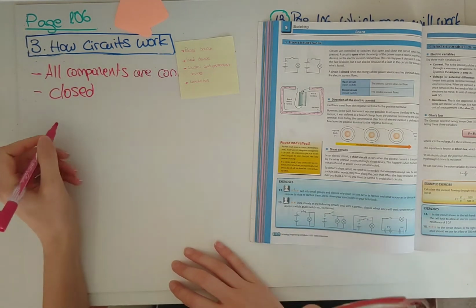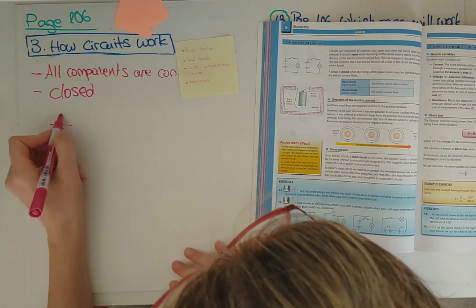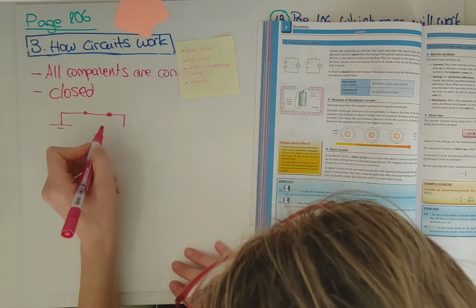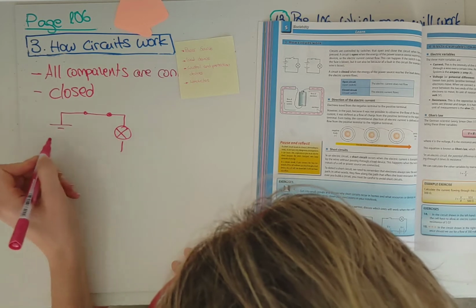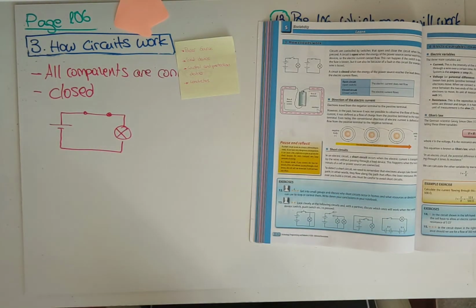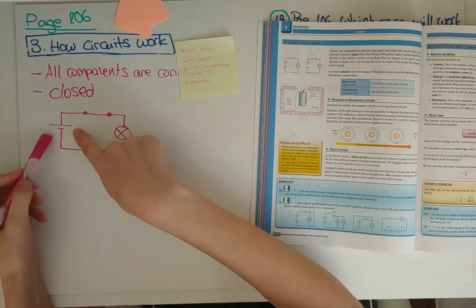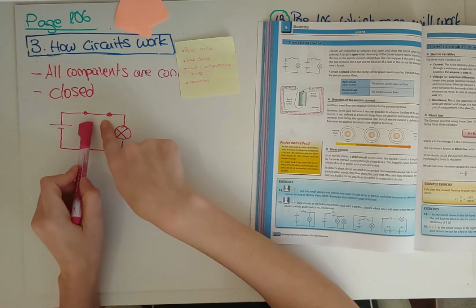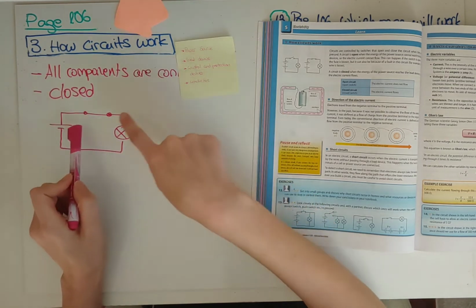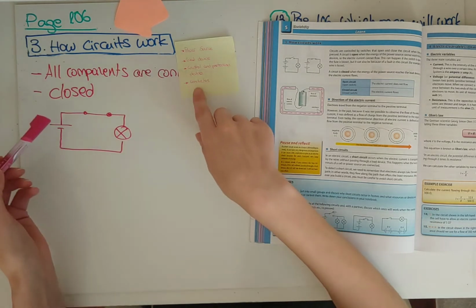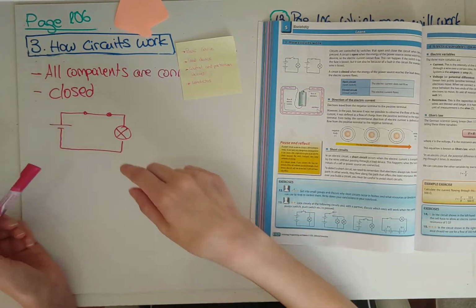I'm going to draw the diagram of a simple electric circuit to understand it. We have the power source, the switch, the control device, the load device, and the conductor is the wire. Okay?